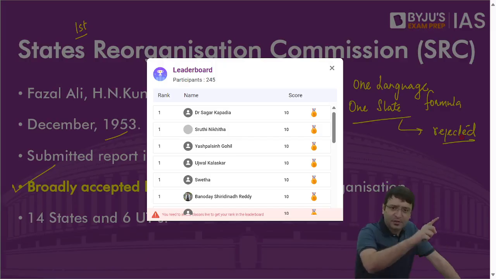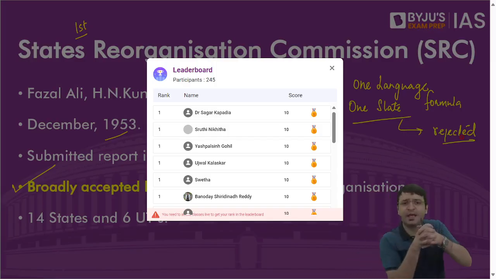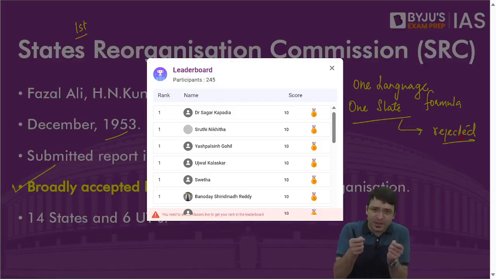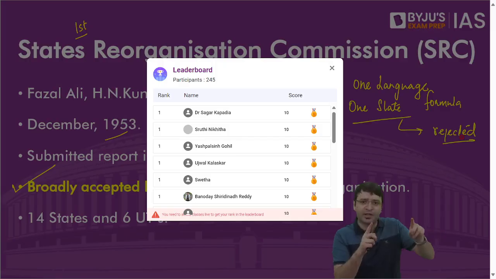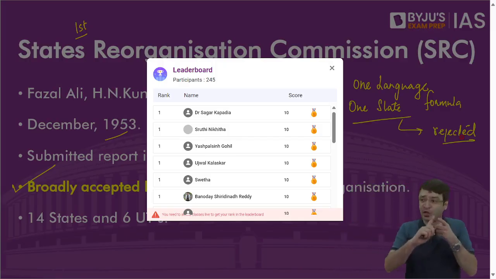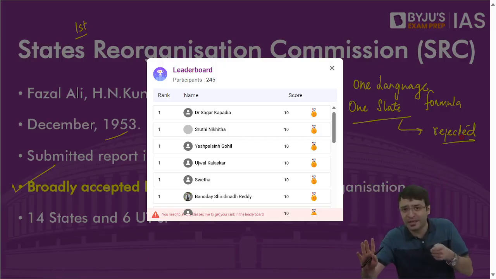Uttar Pradesh, Uttarakhand, Himachal Pradesh, Madhya Pradesh, Bihar, Jharkhand, all these states speak Hindi. So if we give one state to one language, almost the entire North India would be one state because they speak one common language, which is Hindi.